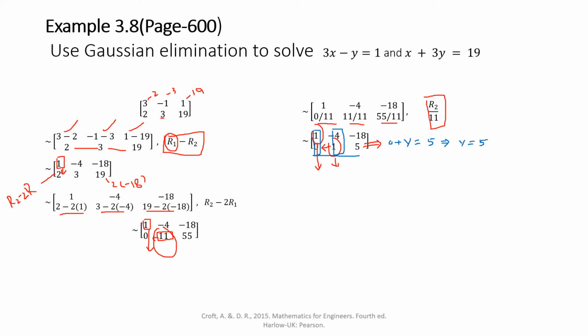Now let's go to the first one, the first equation or the first row. So it is 1, so it will be x, then minus 4, so minus 4y, because the second element is for y, and the third element is equal to minus 18.